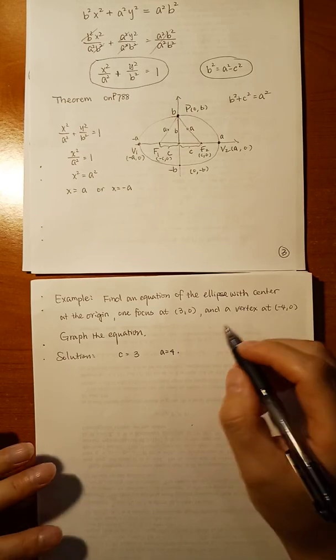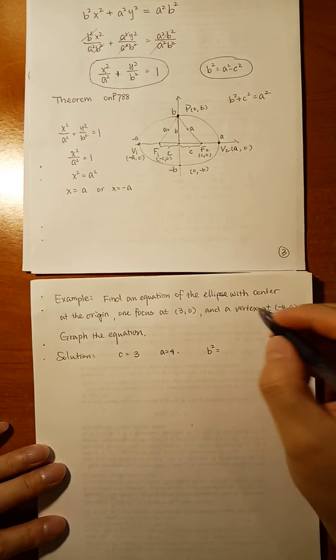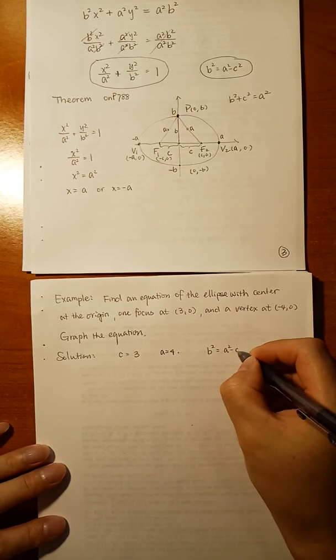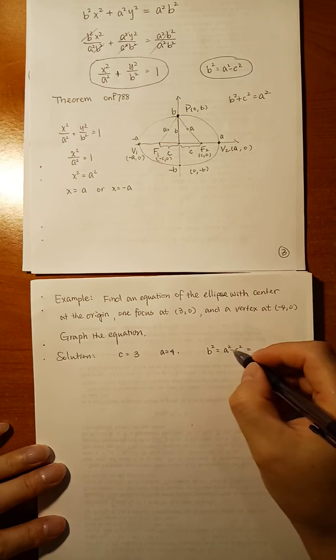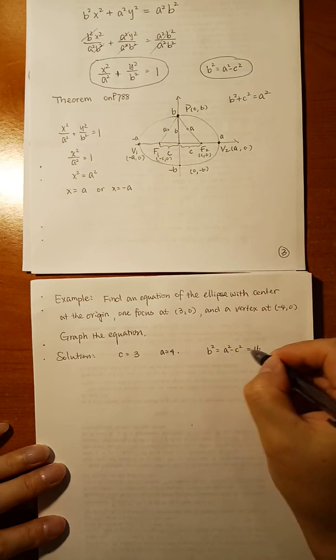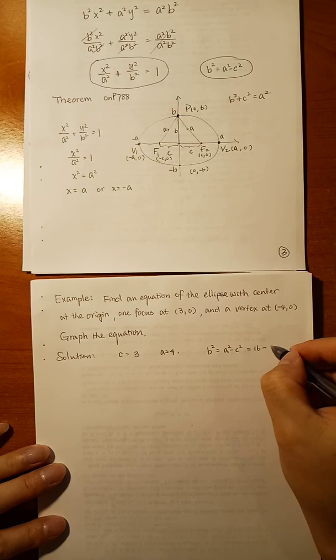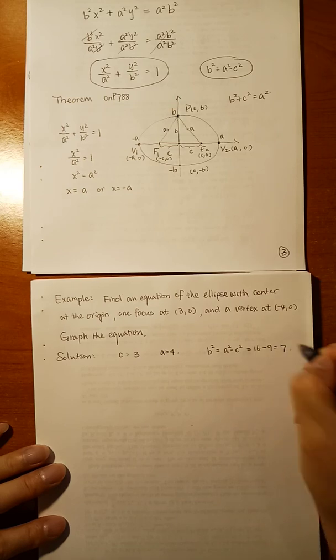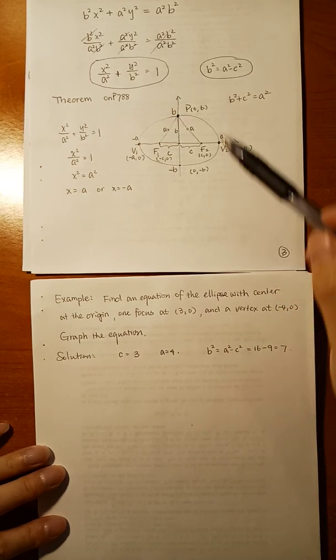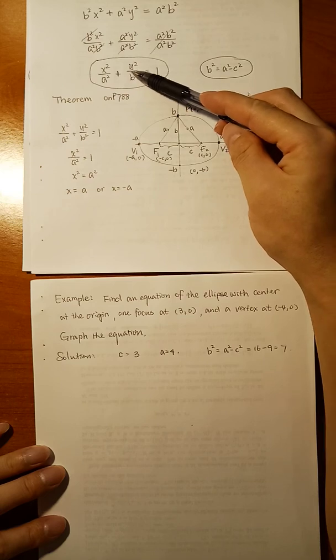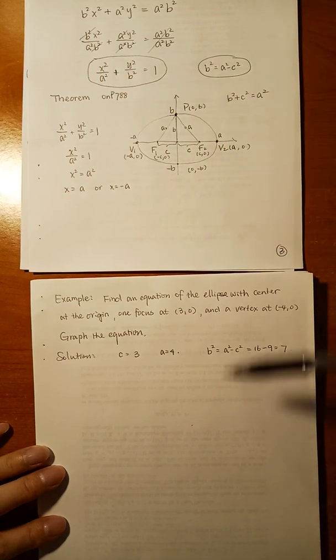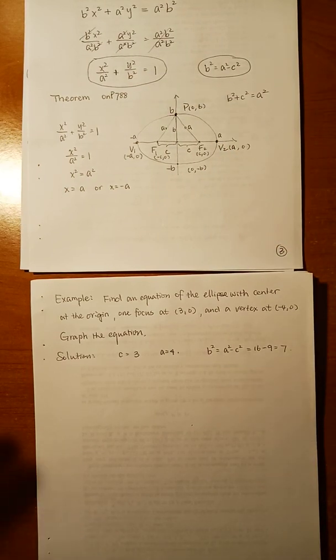What is B? We know that B squared is A squared minus C squared. A squared is 4 squared, 16. C squared is 9. 16 minus 9 is 7. In the formula, we don't need B, we need B squared, because the denominator is B squared. So B squared is 7. That's good.